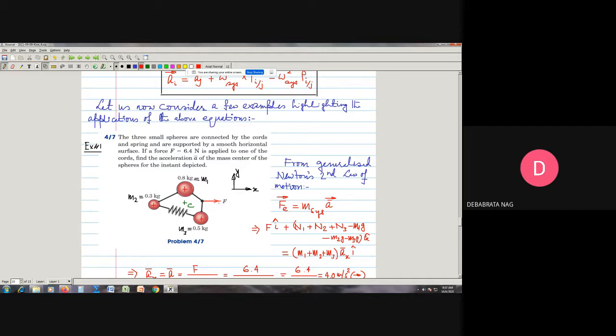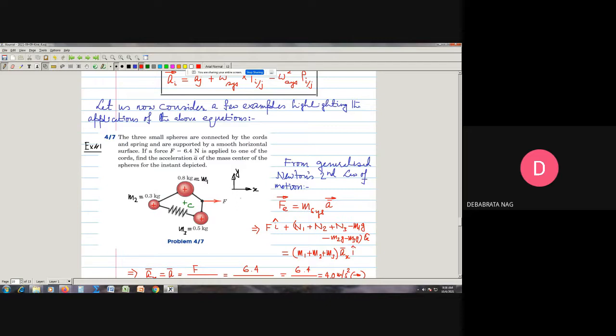The force is acting mainly along the x direction, so it will be F i cap, plus we will have the normal reactions applied by the table surface on the respective masses. We can call these normal reactions N1, N2, N3, which will be the normal reactions offered by the surface of the table on the mass M1, that is N1, on the mass M2 will be N2, on the mass M3 will be N3.